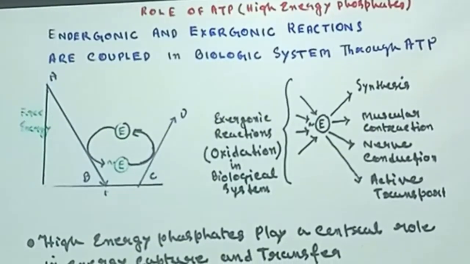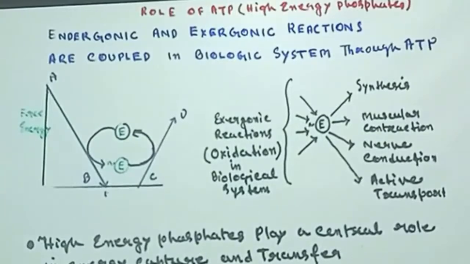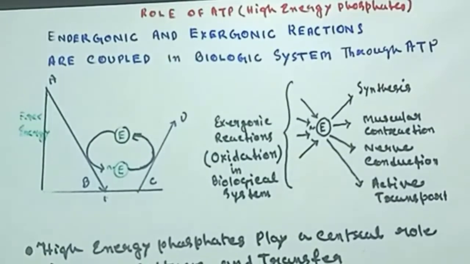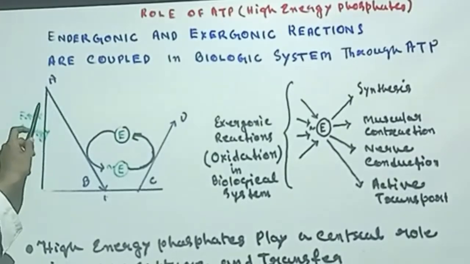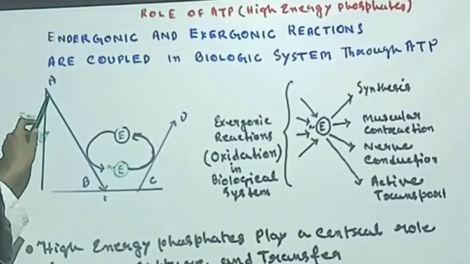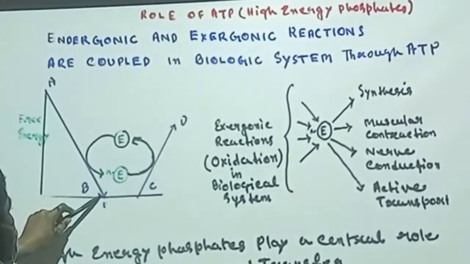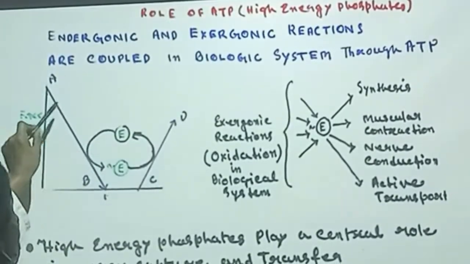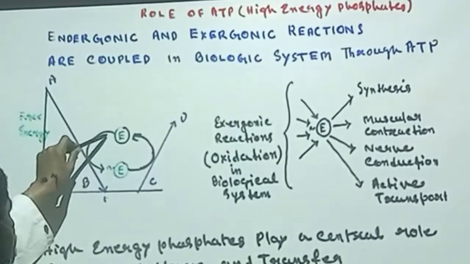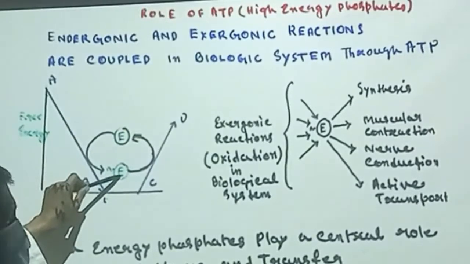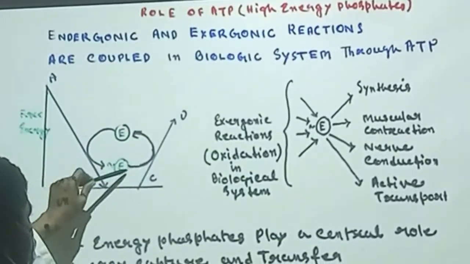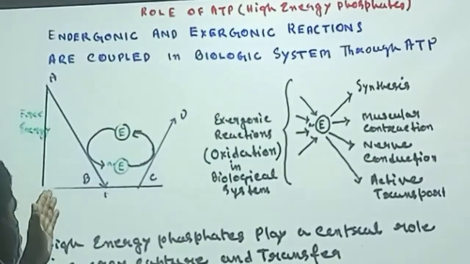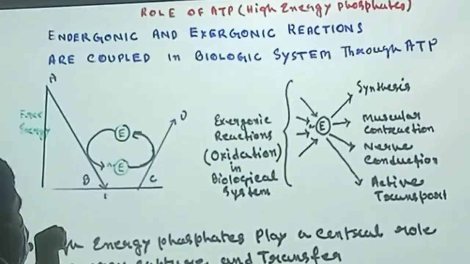So here, try to concentrate on this particular diagram. You see here reaction A to B and there is a reaction C to D. Now in A to B the energy is released and in C to D that energy is utilized. So exergonic and endergonic reactions are coupled here.